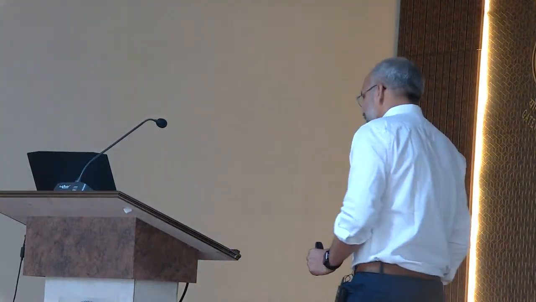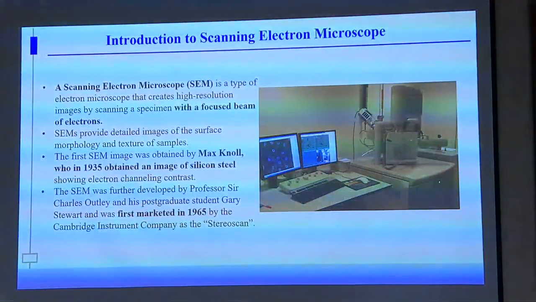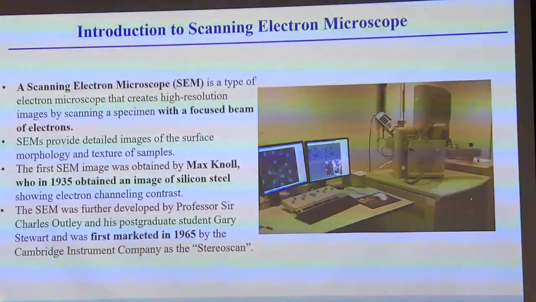So the second is scanning electron microscopy. Even though I did my master's in physical chemistry, I was not able to see how a scanning electron microscope looked in real life. SEM is a type of electron microscopy that creates very high resolution images, and here we use an electron beam to provide the image.